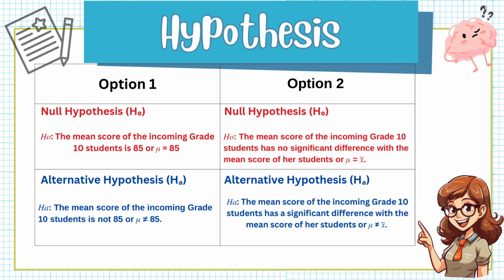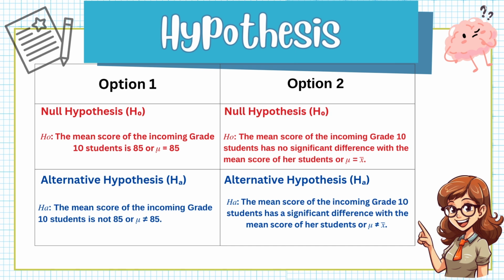And the alternative hypothesis can be written as the mean score of the incoming grade 10 students is not 85, or we can write mu is not equal to 85. For the option 2, the null hypothesis can be written as the mean score of the incoming grade 10 student has no significant difference with the mean score of her students, or mu is equal to x bar.